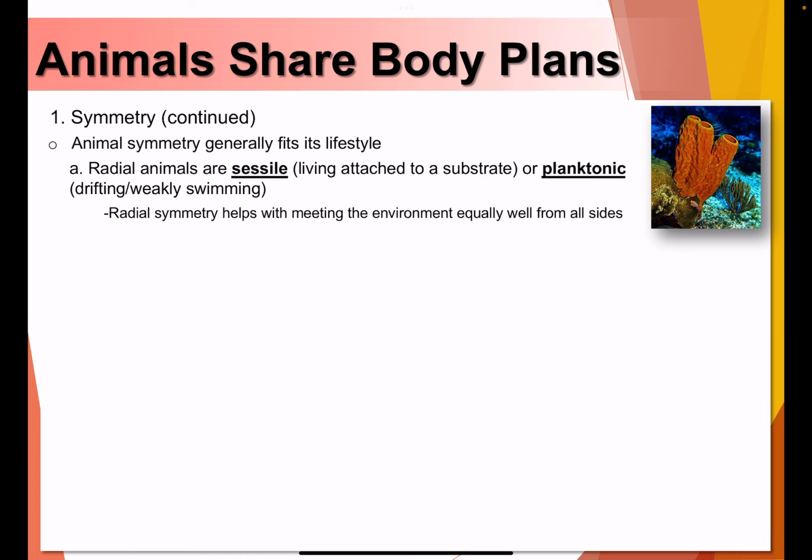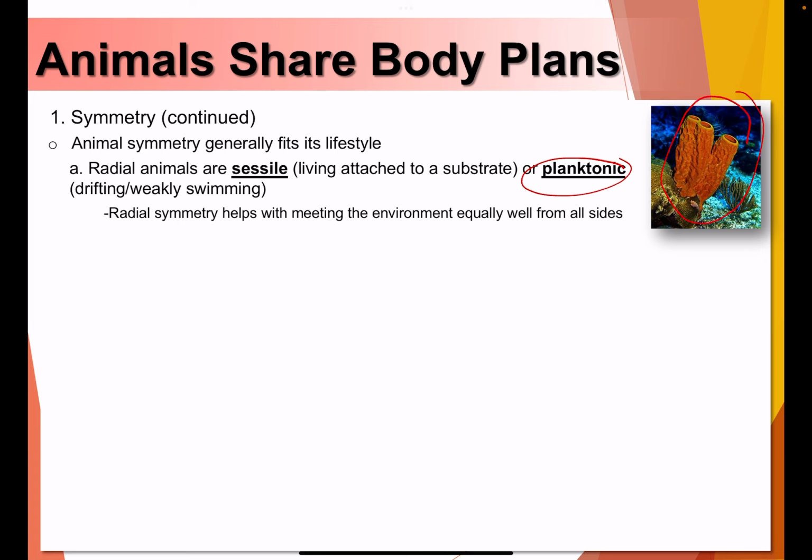They don't walk or roam around. They're attached to this particular area. Or they can be planktonic, which is, think about what plankton do. They are drifting or weakly swimming in the ocean. So radial symmetry animals are usually either non-mobile, sessile, or planktonic, slowly drifting around.